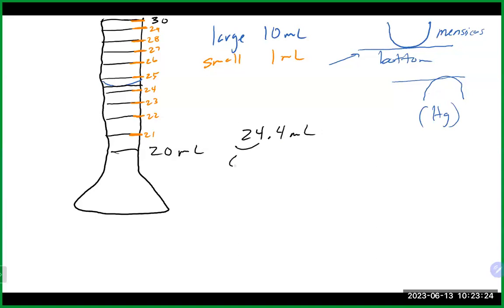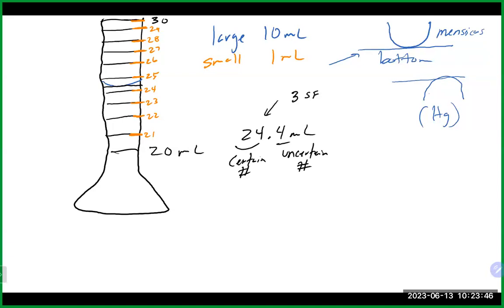This would be our certain numbers, and this would be our uncertain number. In this case, how many significant figures would this have? It would have 3 significant figures as well. Yes, all those would be significant in this particular case.